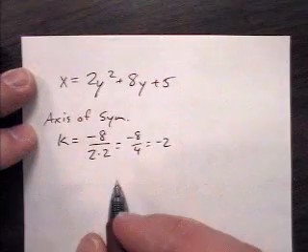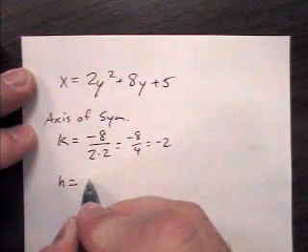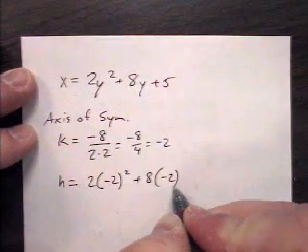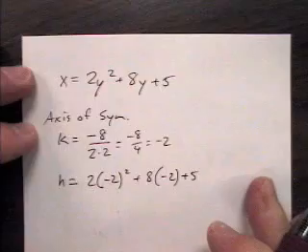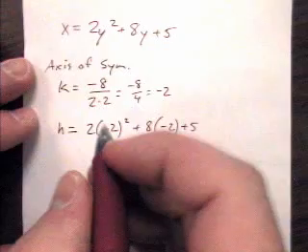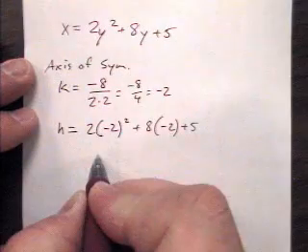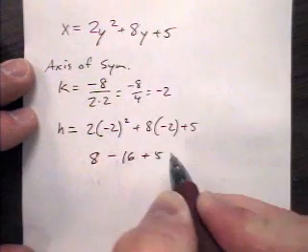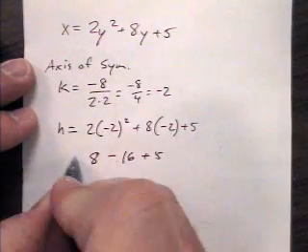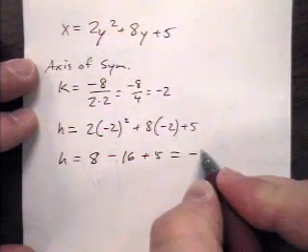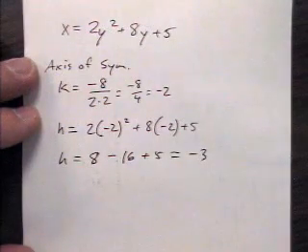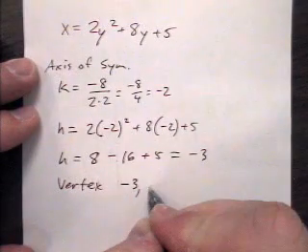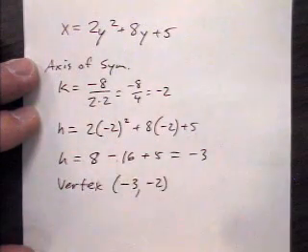We can plug that in to find the h value that goes with it, right? 2 times negative 2 squared plus 8 times negative 2 plus 5. So that's 4 times 2 is 8, minus 16 plus 5, negative 8 plus 5 is negative 3. So we have a vertex at negative 3, negative 2.